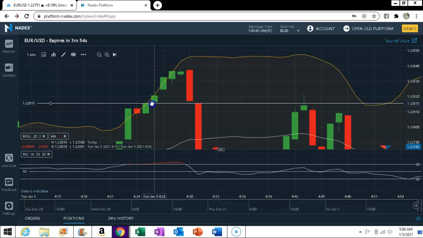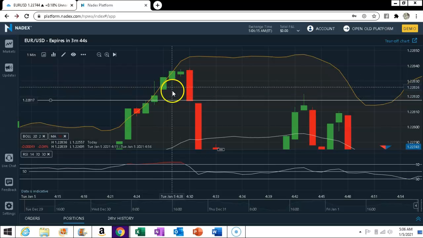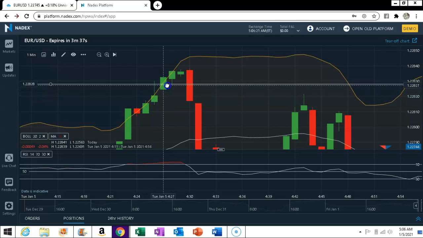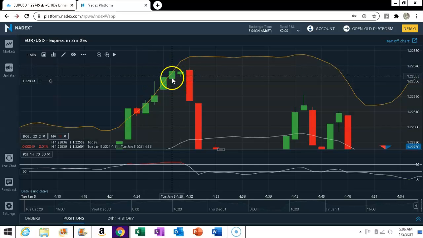But this candle closed above this support and resistance line right here. So the next candle went up, and we'll take this line to the next tip of the wick. This candle came and closed above this support and resistance line. This next candle was a buy.